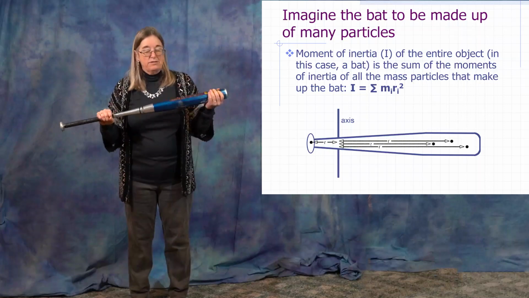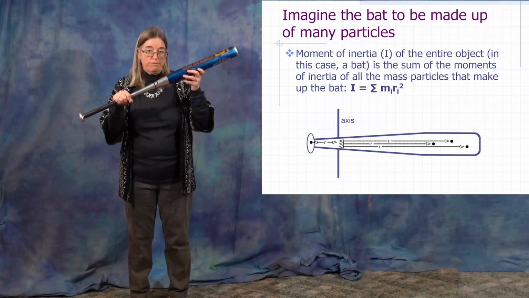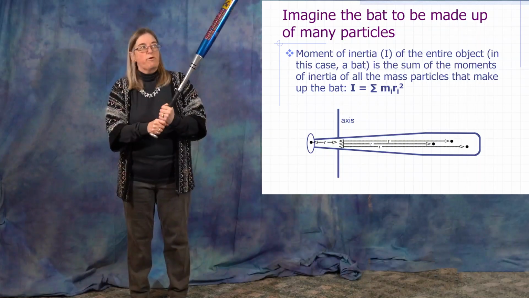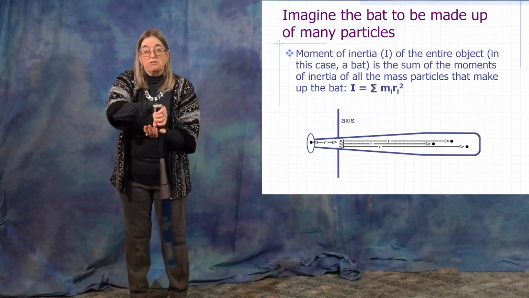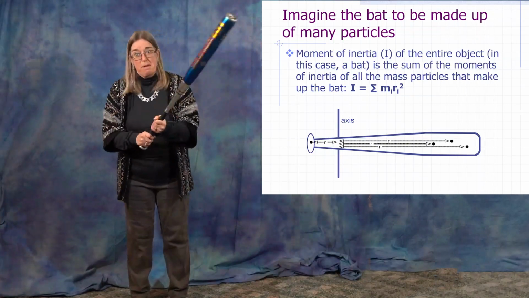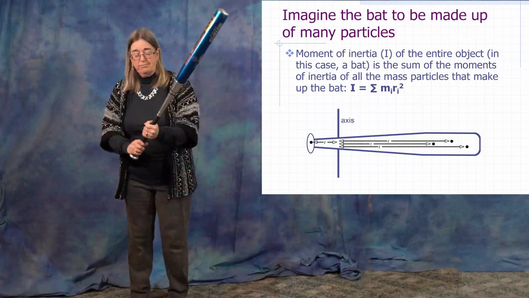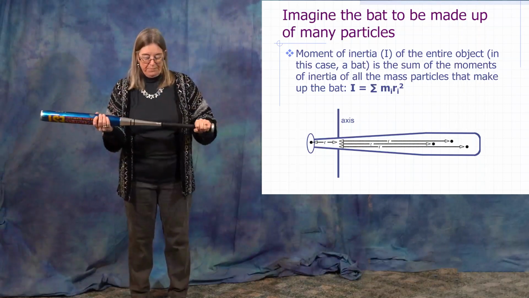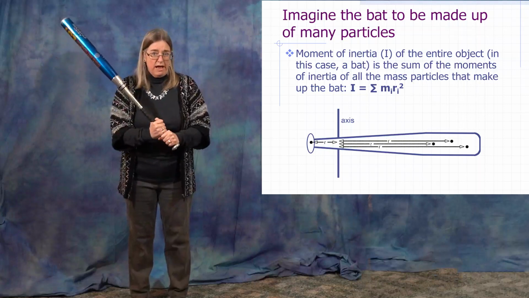And that's going to be the total moment of inertia of the bat, for the resistance for me to try and rotate this bat, to try and accelerate the bat, really, around a particular axis of rotation.